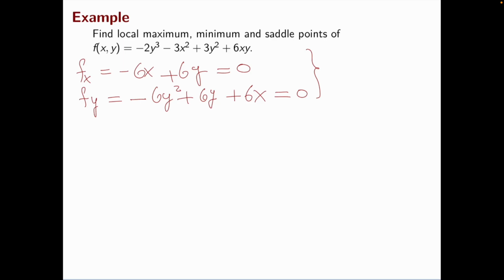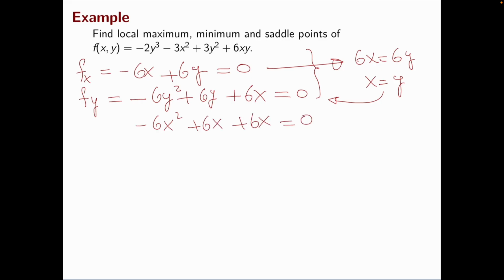So from the first equation here, we get that 6x is equal to 6y. So in other words, x is equal to y. So if x is equal to y, we substitute in the second equation, and we get that minus 6x squared plus 6x plus 6x is equal to 0.